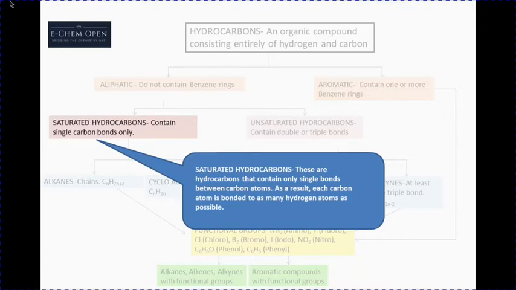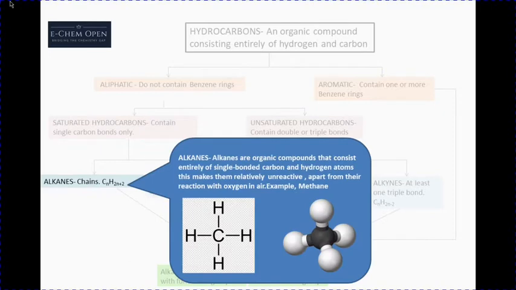Saturated hydrocarbons contain only single bonds between carbon atoms. As a result, each carbon atom is bonded to as many hydrogen atoms as possible. Underneath the saturated hydrocarbons, we have alkanes, which are typically in chains, and have the general formula of CnH2n+2.